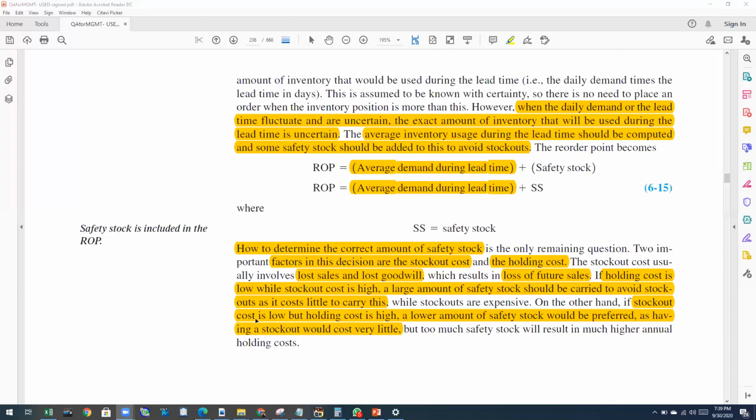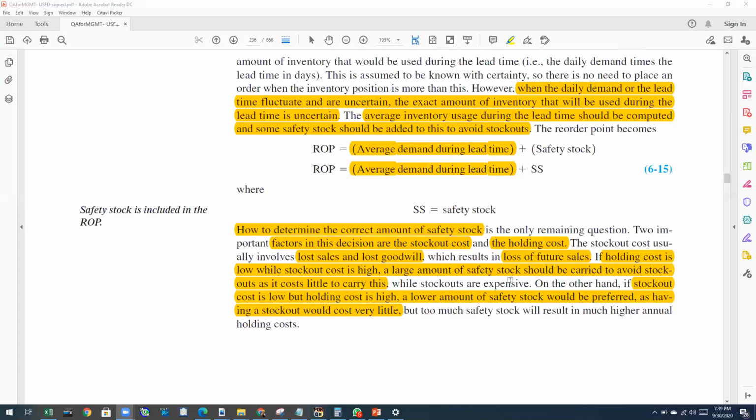If holding cost is low while stock out cost is high, then carrying a large amount of safety stock would be necessary to avoid stock out cost.